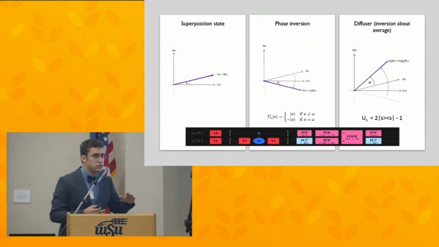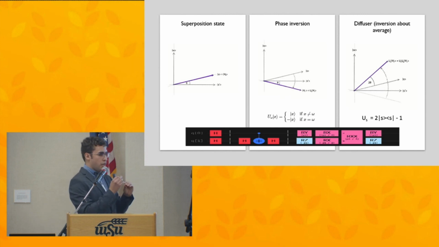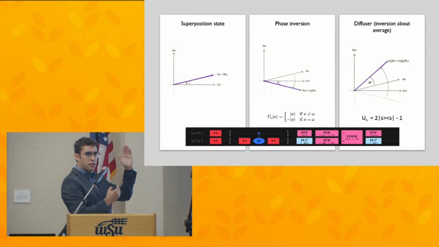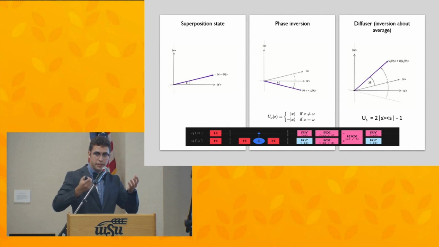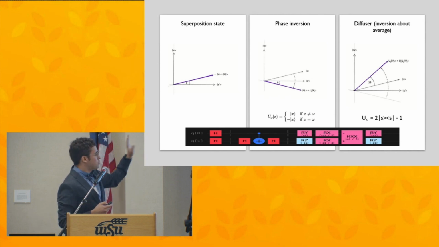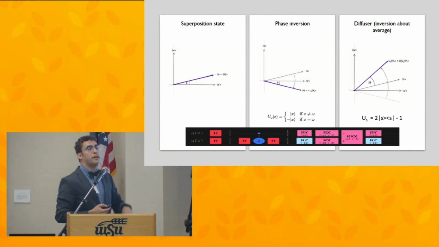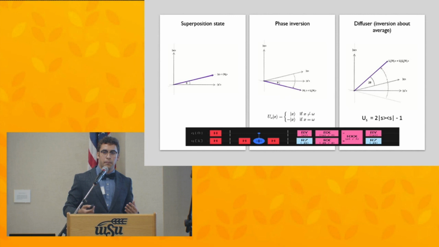So the goal is, from that superposition state, we want to make sure that we pick the right item. So we want to eventually make that purple line go up and align with the vertical axis, which we call the winner state. So that's the final goal. So once you put all of your states in a superposition state, now you do a phase inversion, which is basically applying an oracle.